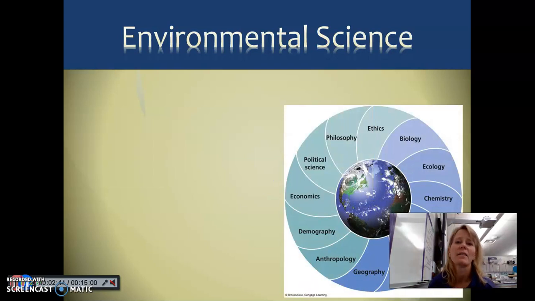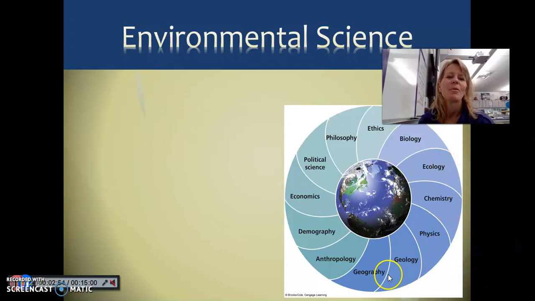And this is the thing that I love about this course, is that environmental science not only includes all the natural sciences that we love, that I love, I don't know if you do, but also all the social sciences. So you're going to see a lot of tie-ins between my class and maybe your government class, or maybe your AP Human Geography class, where you're learning about demographics and population growth, where you're learning about politics and how politics can sway people to vote certain ways and funding to go for certain projects.